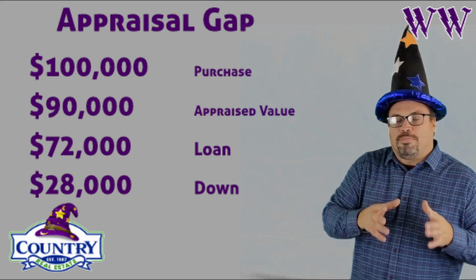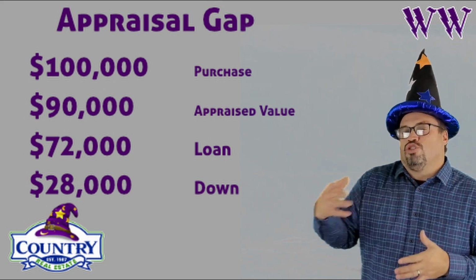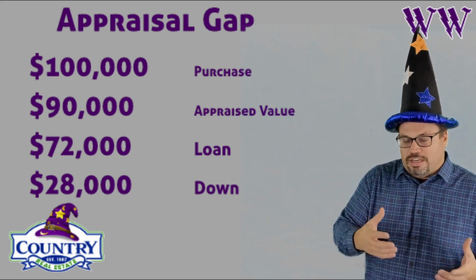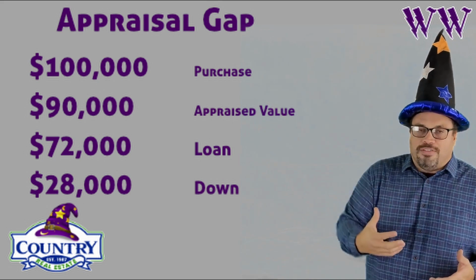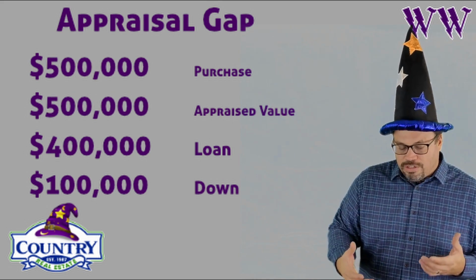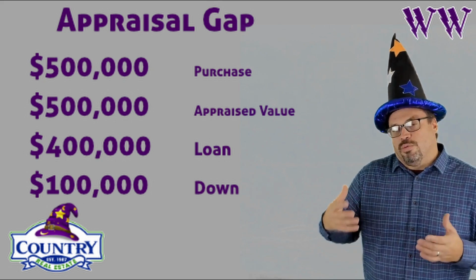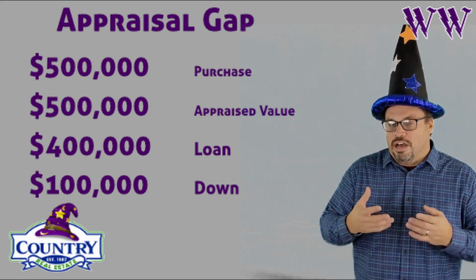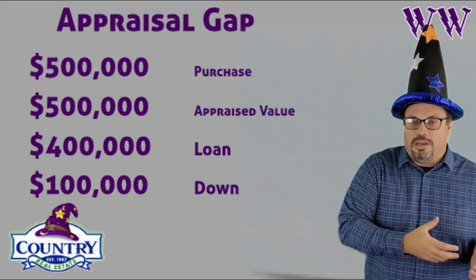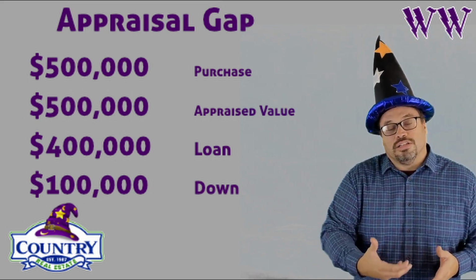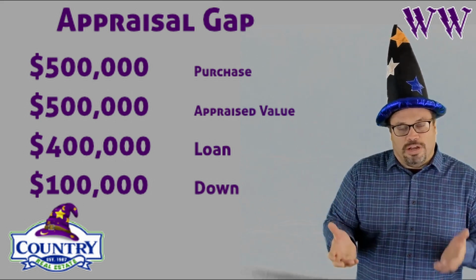Okay, so let's extrapolate that to a larger purchase price so that it kind of makes more sense. So let's say you have a $500,000 offer in on a house. So you're going to be bringing 20% of that into the deal. So that's $100,000. That means the bank would be bringing a $400,000 loan, 80-20.